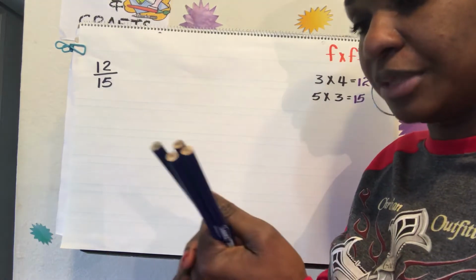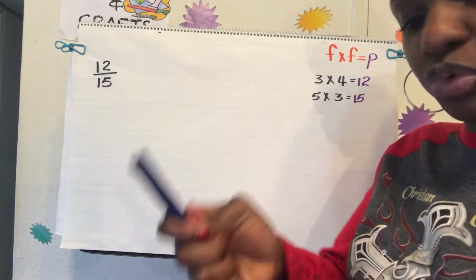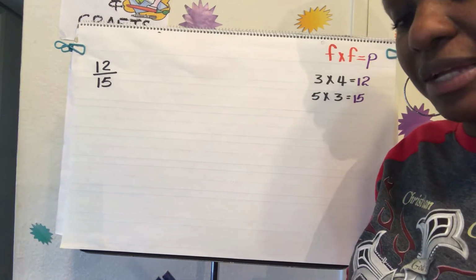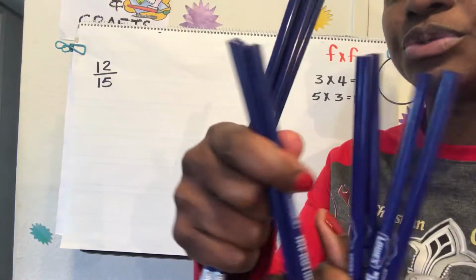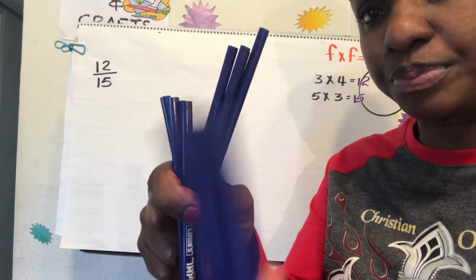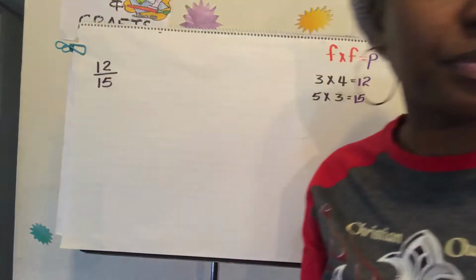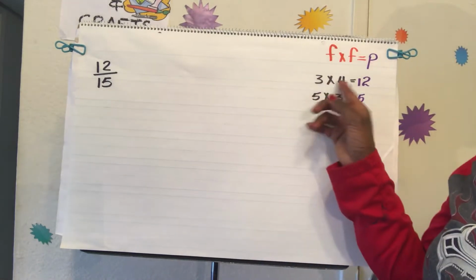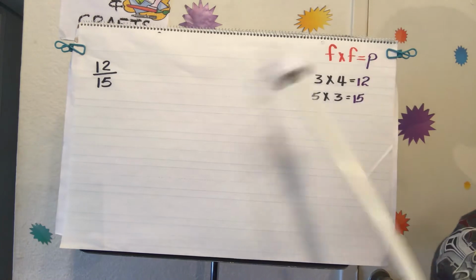We have 4 pencils in each group. So I was able to divide it into 3 groups: first group, second group, third group. No pencils left over. None. So that's how we know two numbers can multiply by each other to give you a product, right?